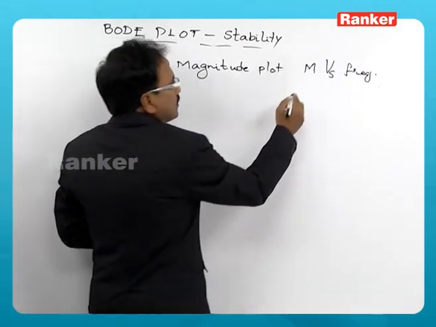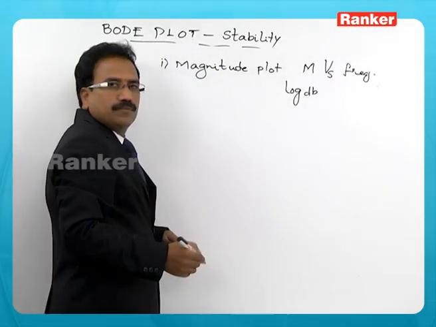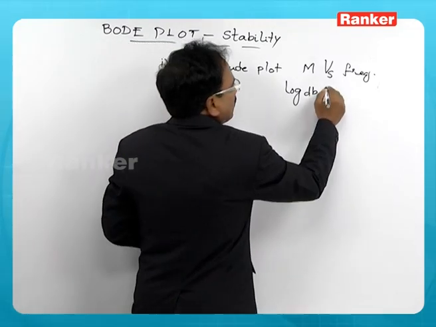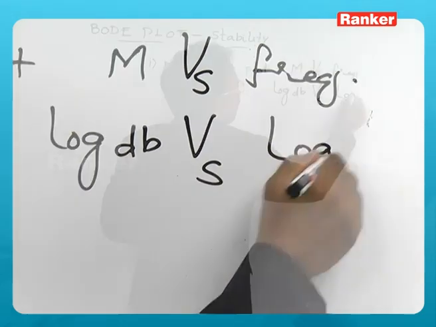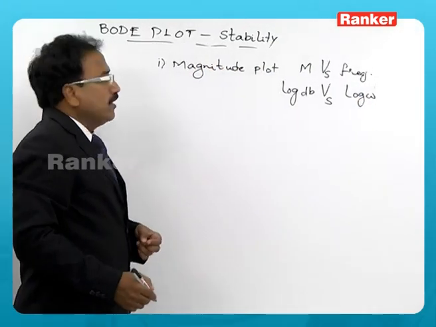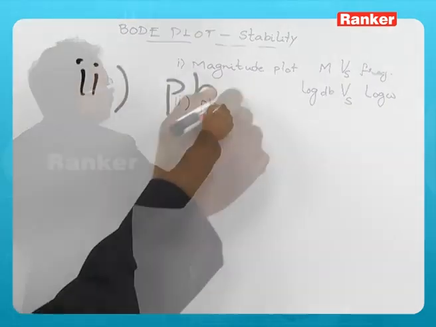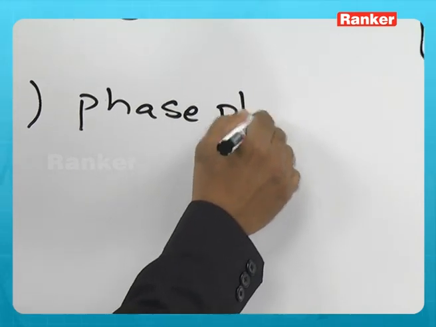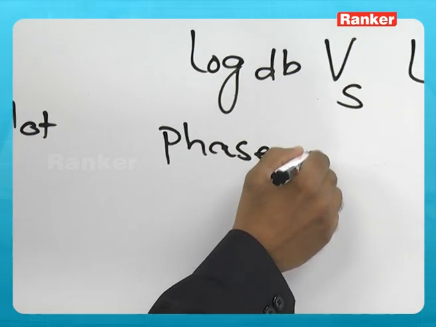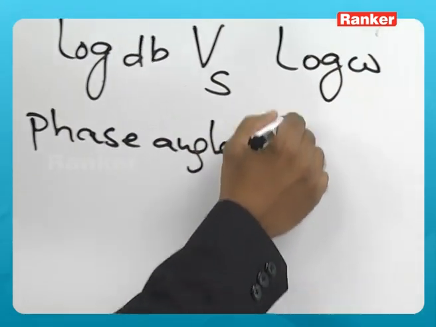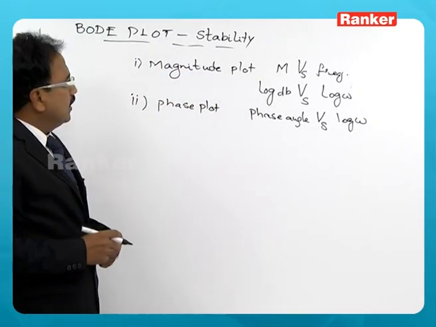The magnitude is expressed in log dB, decibels, versus frequency is taken on log scale. The second plot is a phase plot. This is phase angle versus again frequency, which is taken on log scale.